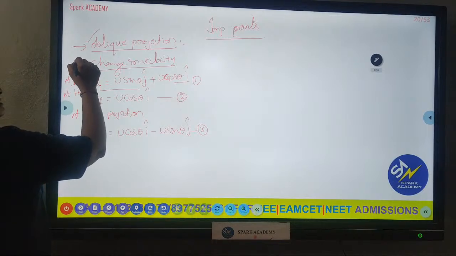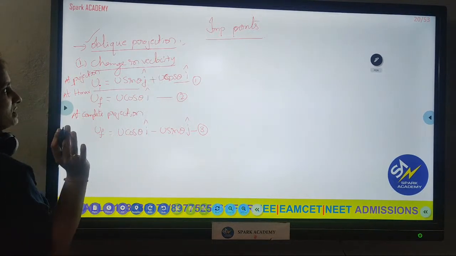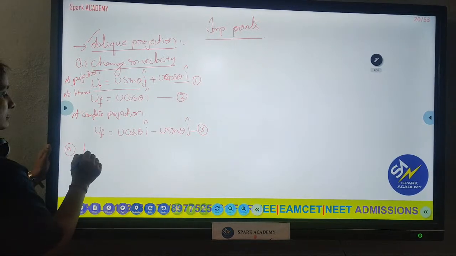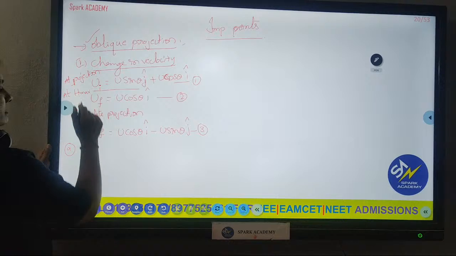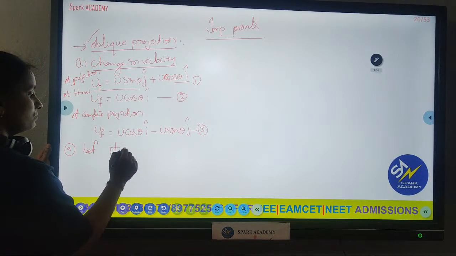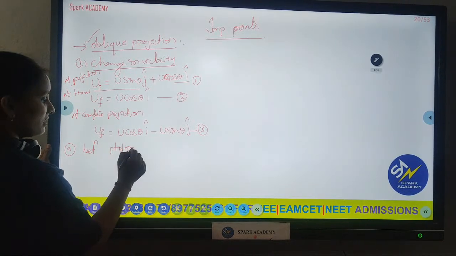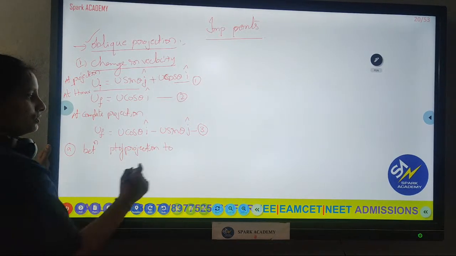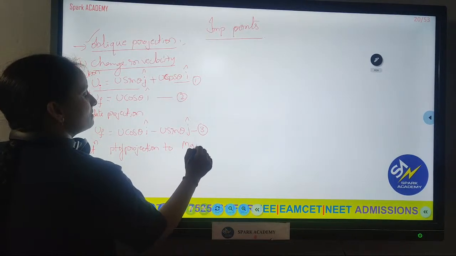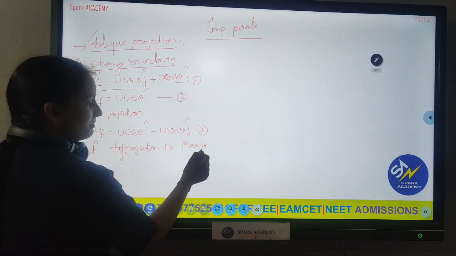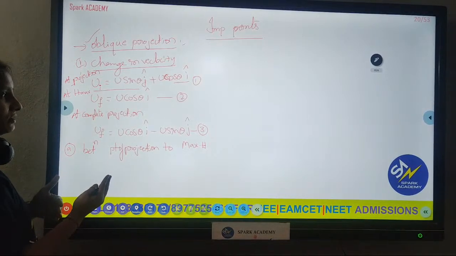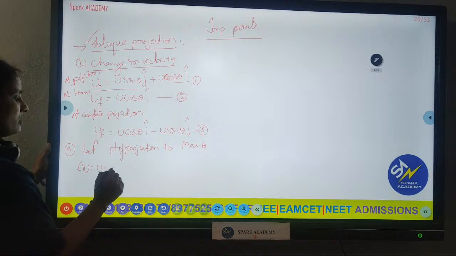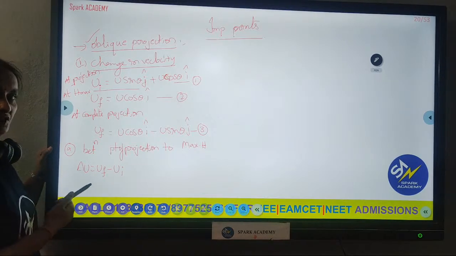Now we find what is change in velocity. They can ask change in velocity between point of projection to maximum height. So you just take change in velocity is nothing but final velocity minus initial velocity.